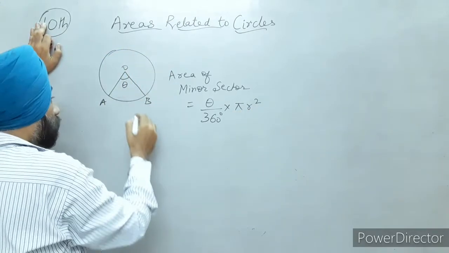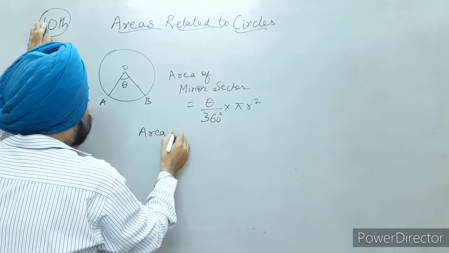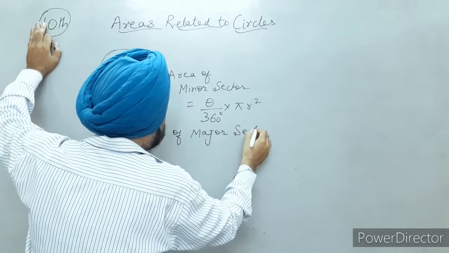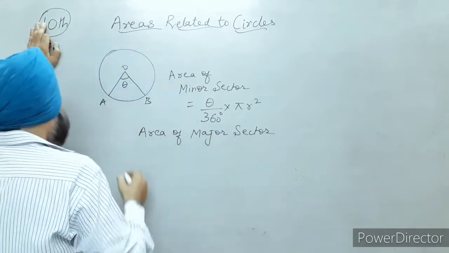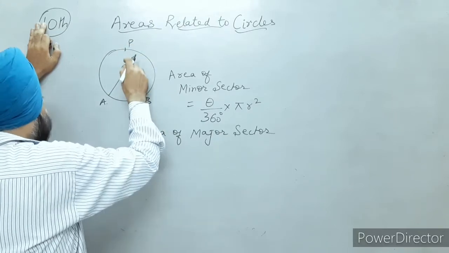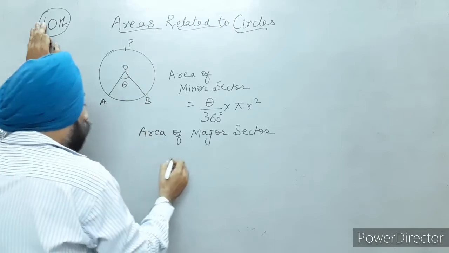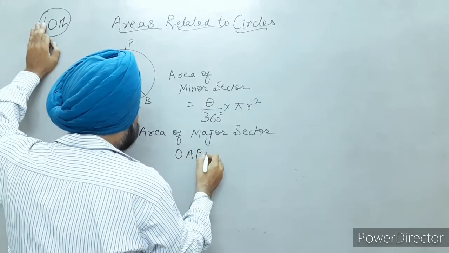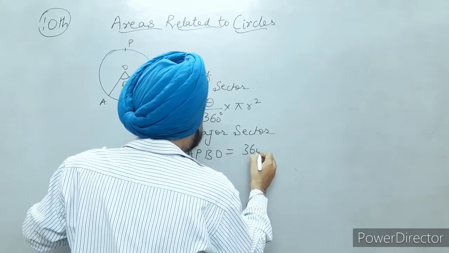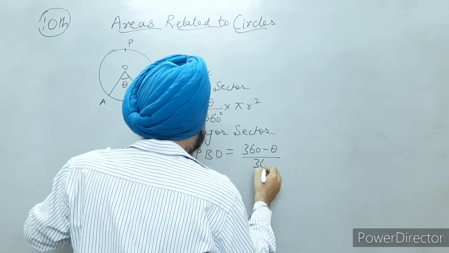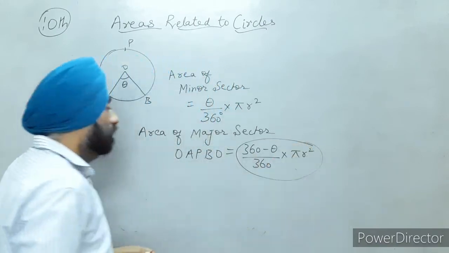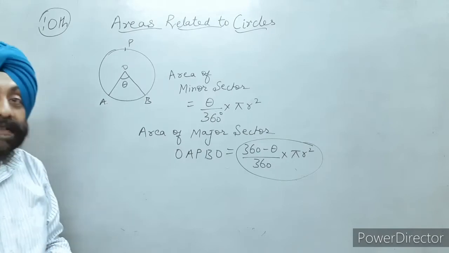Then the area of the major sector will be, say, this APB. Yeah, we can write OAPBO. This is the major sector. It will be 360 minus theta divided by 360 into pi r square. This is the area of the major sector.